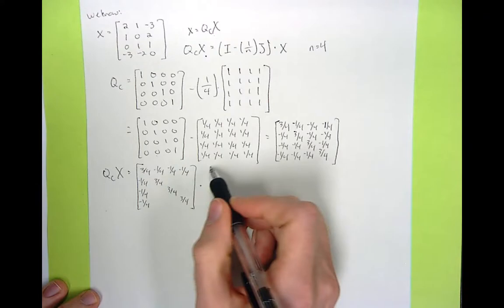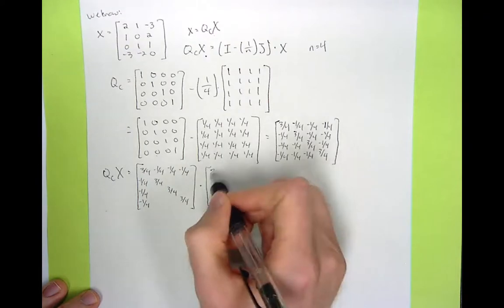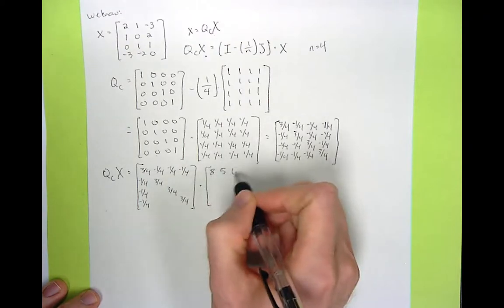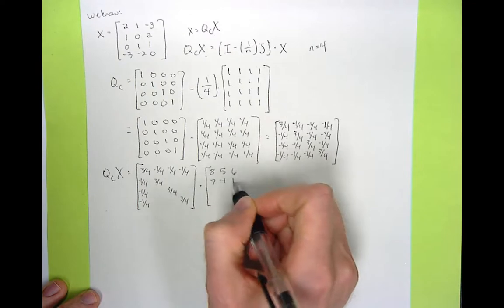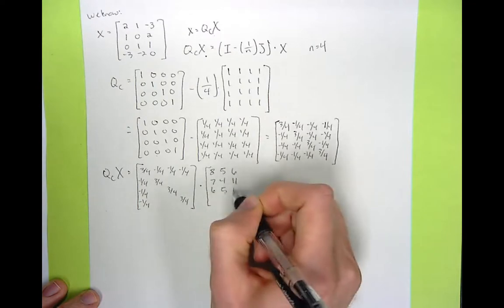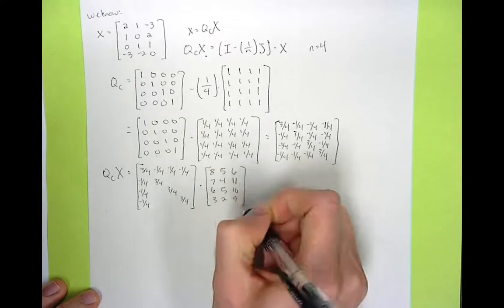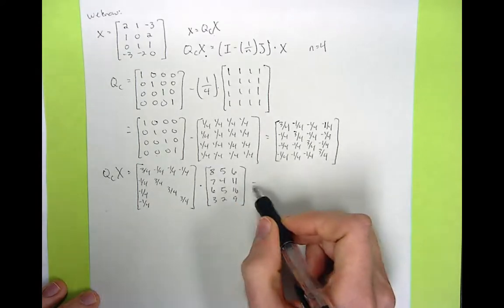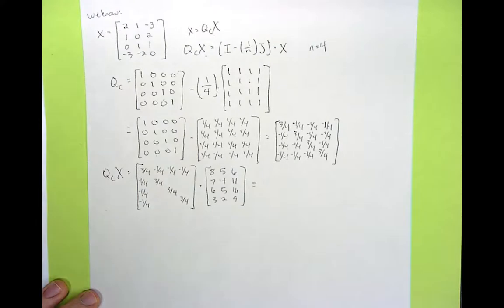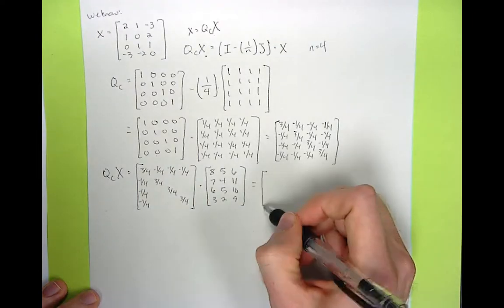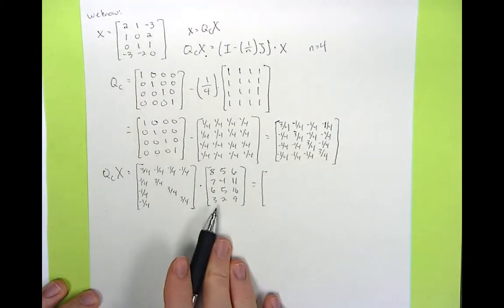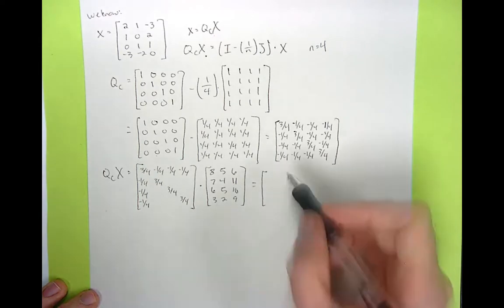And multiply that by x, which is 8, 5, 6, 7, 4, 11, 6, 5, 10, 3, 2, 9. And what do we get? You can go ahead and multiply that through. You can do it using Excel or whatnot.